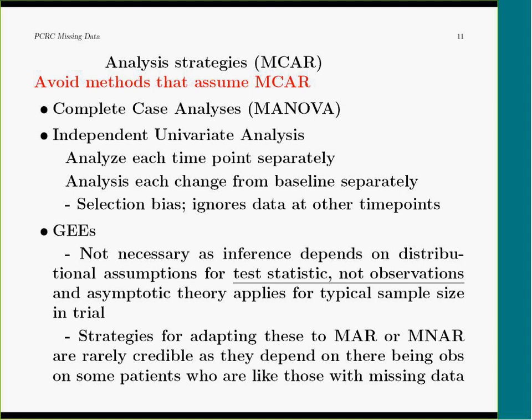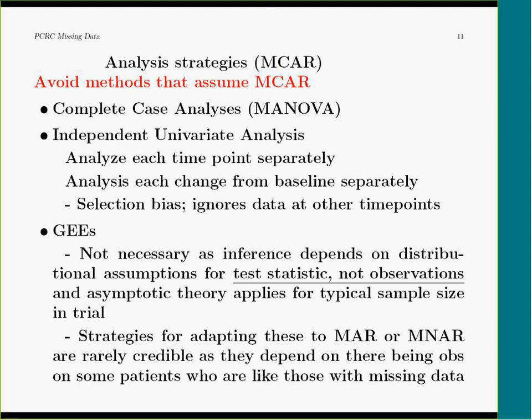Basically, if you do tests on the data at each time point separately, you're ignoring all the rest of the data that's been collected over time, and that makes the missingness completely random, and you're basically analyzing different patients at each time point, and it is subject to quite a bit of selection bias.